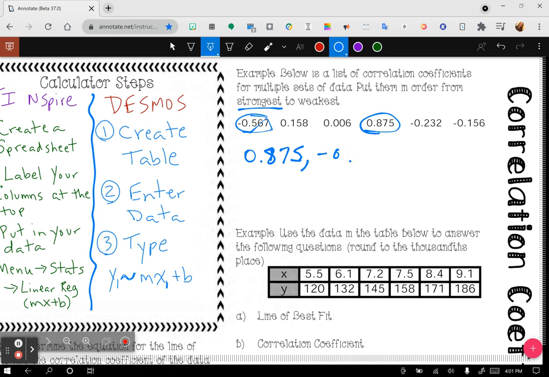So negative 0.567. Then my next strongest is going to be this one, negative 0.232.